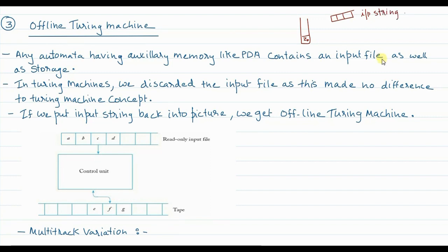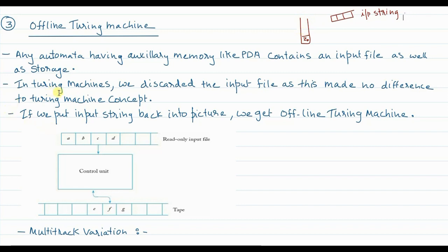Agreed? So the automata which have auxiliary memory, for example the PDA that we have studied, had a separate auxiliary memory, and the input string was inserted separately into a separate input file. So every time, an input symbol was scanned by the input pointer and an operation was performed on the stack.